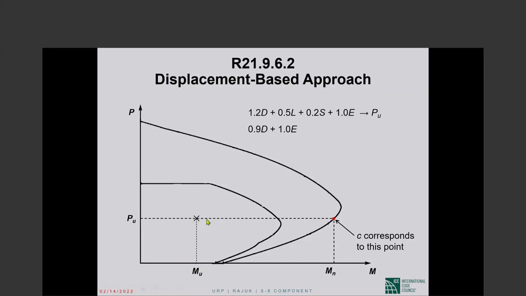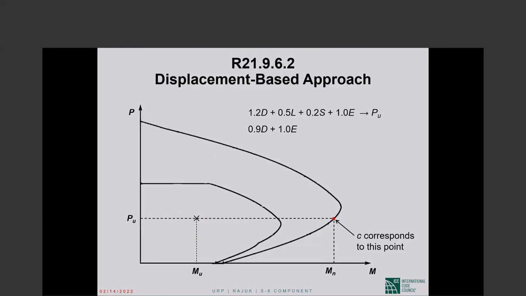The important thing is we do not calculate our C for the combination of P sub U and M sub U. We don't. We figure out the nominal moment strength at the critical section at the base corresponding to the P sub U.